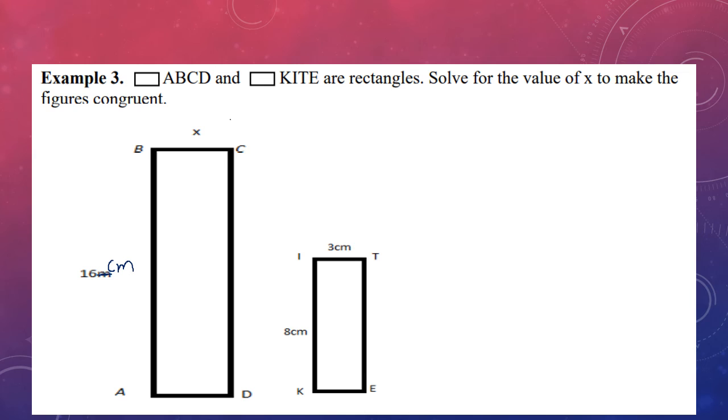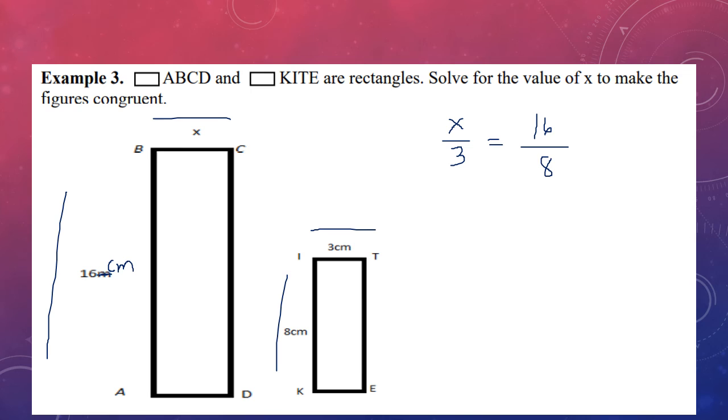You can start with x, then its pair 3. So that is x over 3. Then equals the second, which is 16, then over, earlier, 8. So, pattern. It's not that you start with x over 3 and then the next is 8 over 16. First over second, okay? First side over second side, then equals first side over second side.